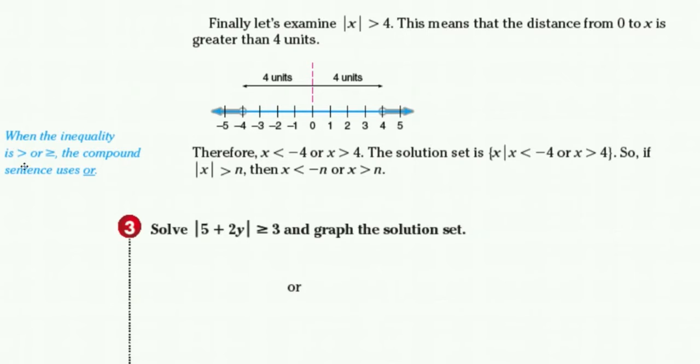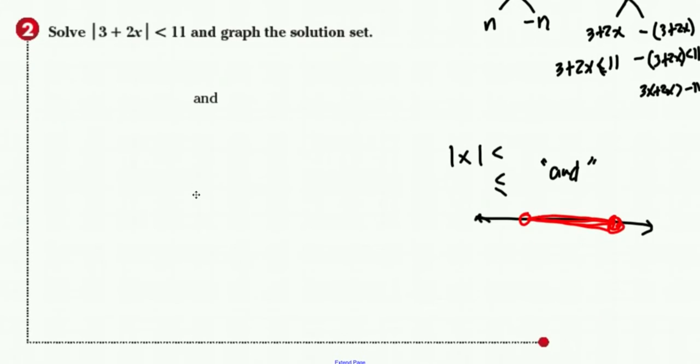So with the inequality greater than or equal to, the compound sentence uses the word or. And in the previous case, the compound inequality uses the word and.